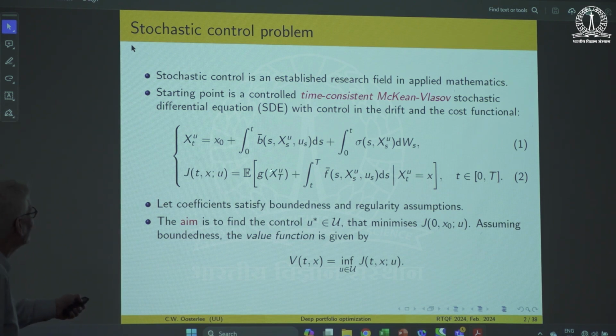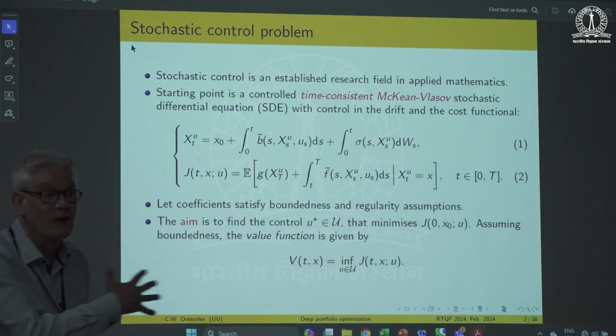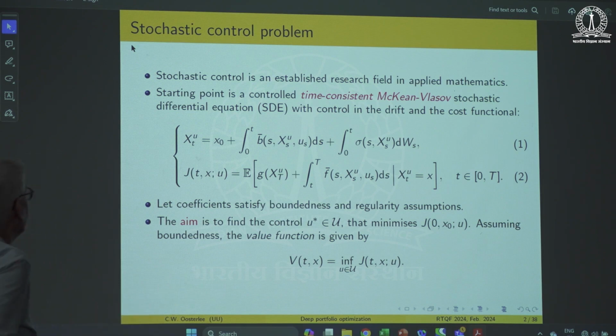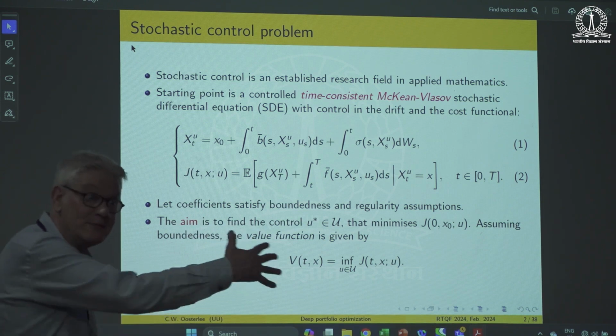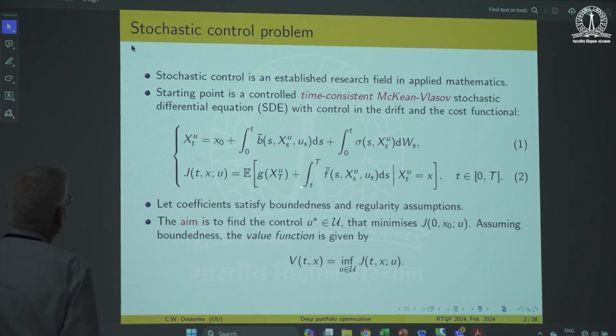Capital J is for example an expected function based on the terminal wealth, at capital T. And often there's something like a running cost that you'd like to optimize, or running wealth. It will be zero in our case, but sometimes you want to control things over time, at all the time steps. And then it is beneficial to add something like this integral over time.